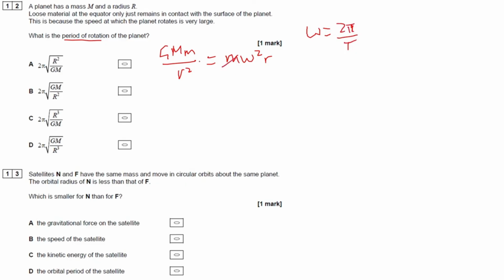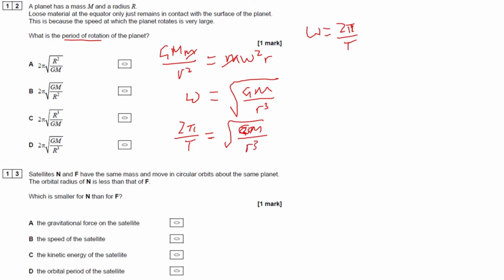So looking at this, I can cancel the m's. I can divide both sides by r, and I get omega equals the square root of GM over r cubed. And since omega is 2 pi over T, that is equal to all of this, the square root of GM over r cubed.